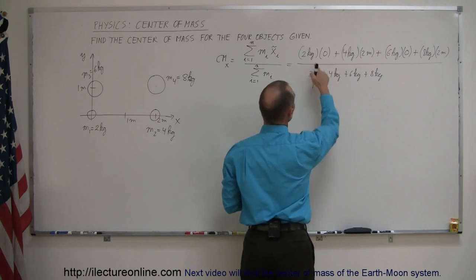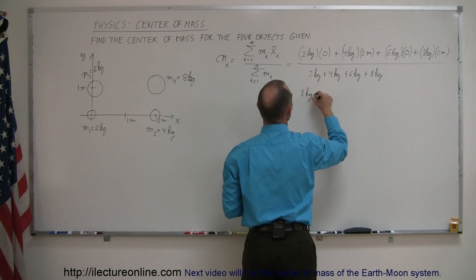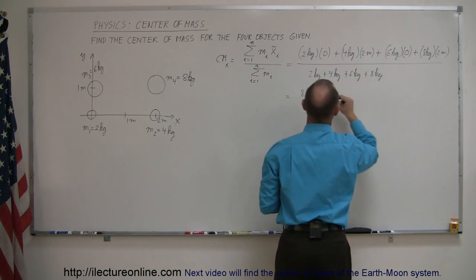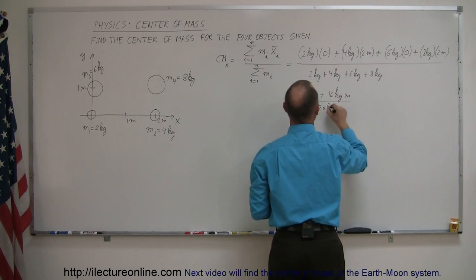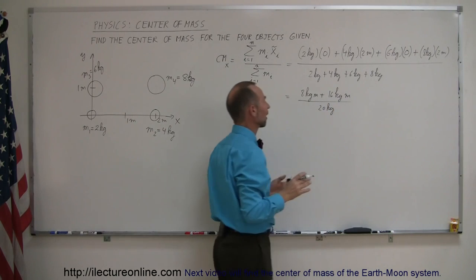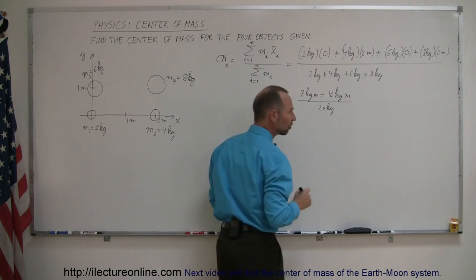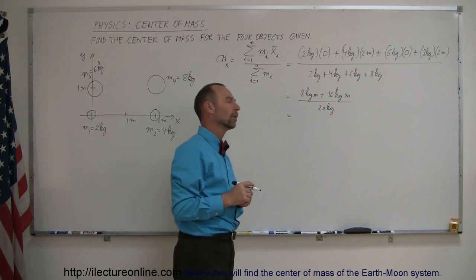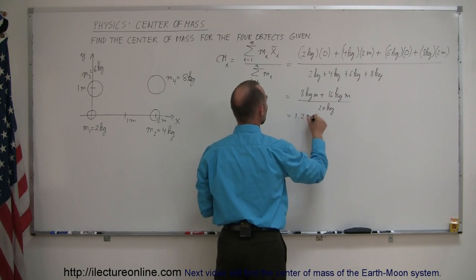This is equal to 0, plus 8 kilogram meters, plus 16 kilogram meters, divided by 20 kilograms. Notice that the kilograms cancel out, and we're left with 24 divided by 20, which is 1.2 meters.